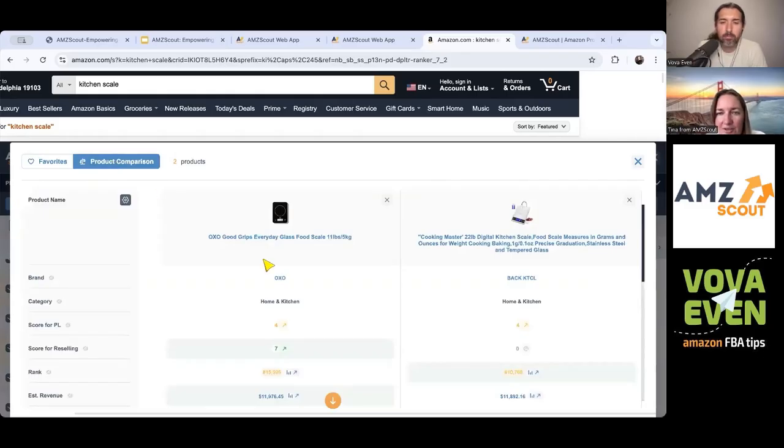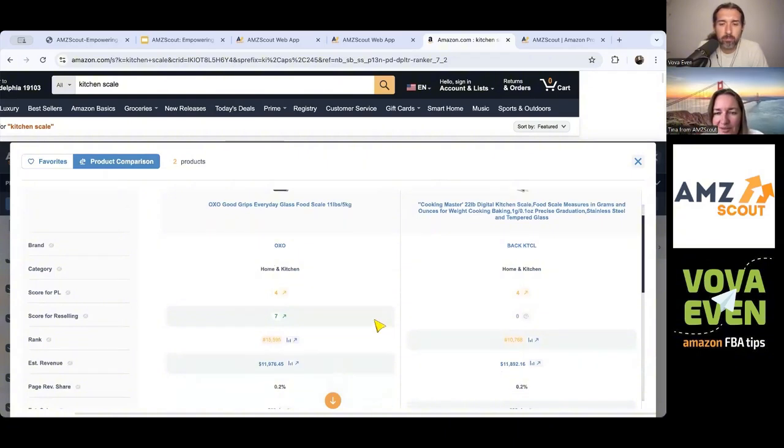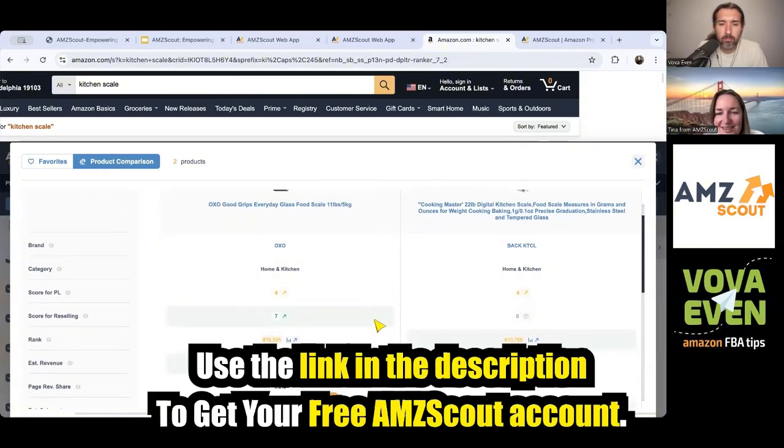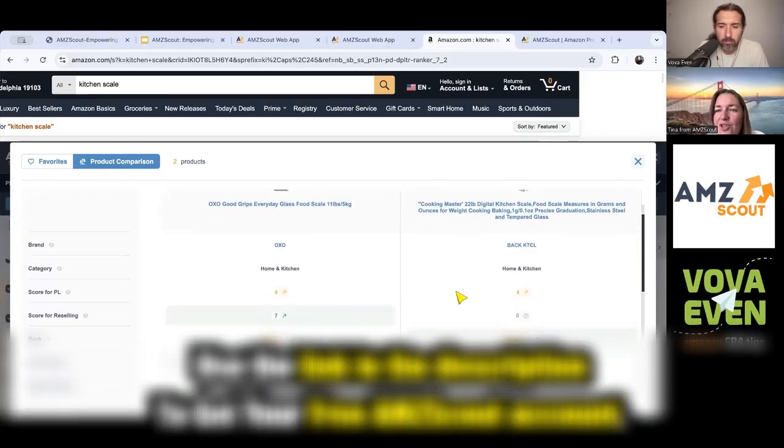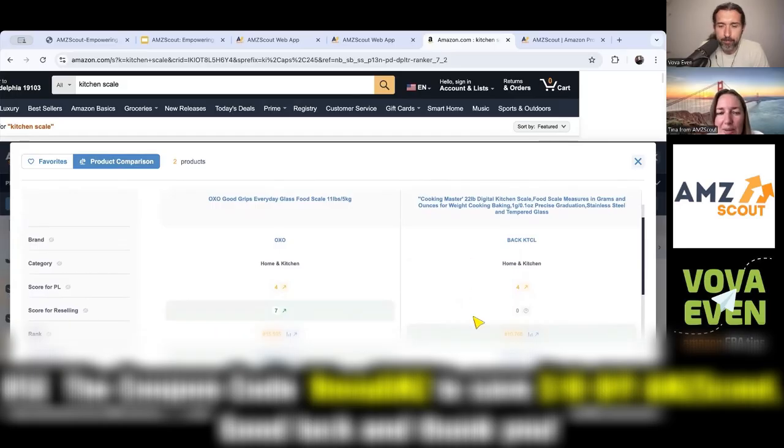So they are organized like this by columns. And the best versions of the data are highlighted in green. For example, this product has a high score for reselling, but no score for reselling for that product, I think because it just has the one seller and it's private labeled.